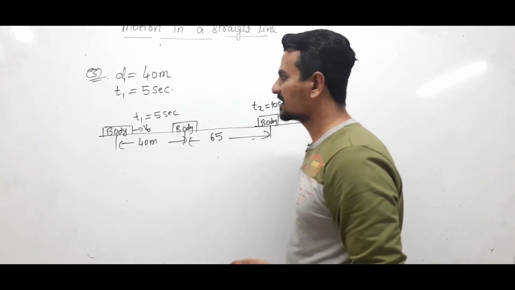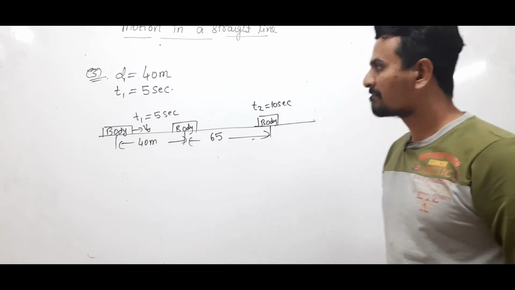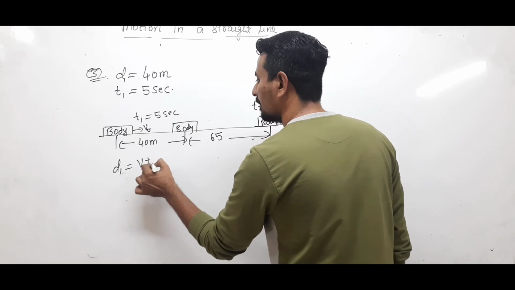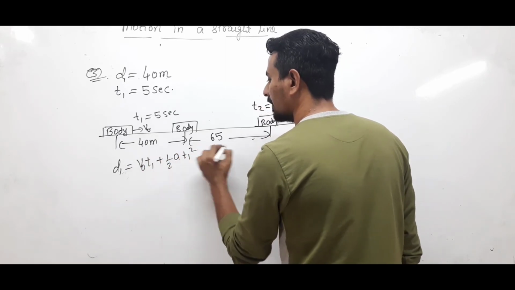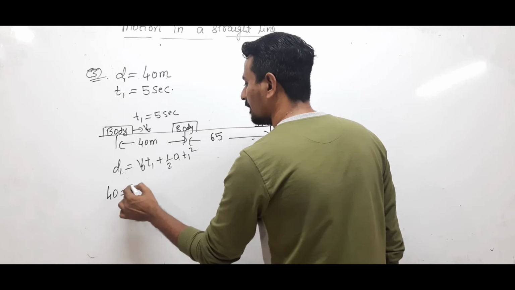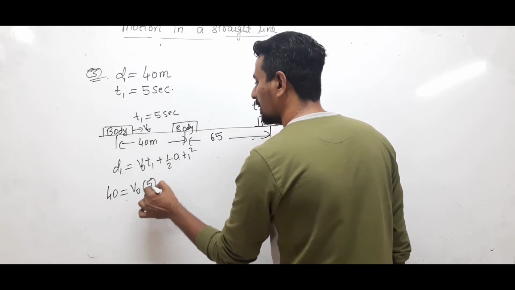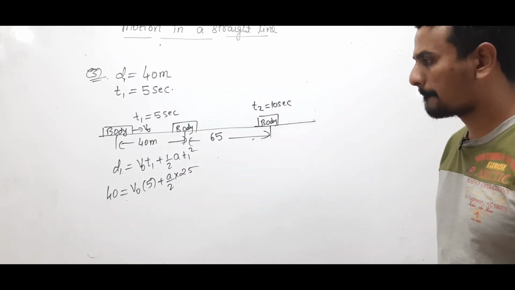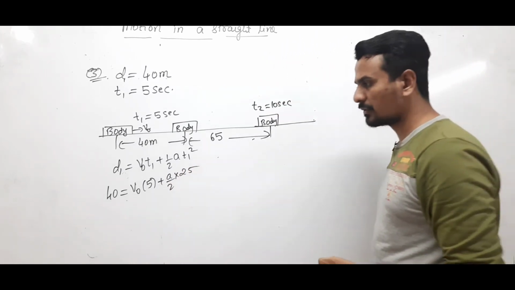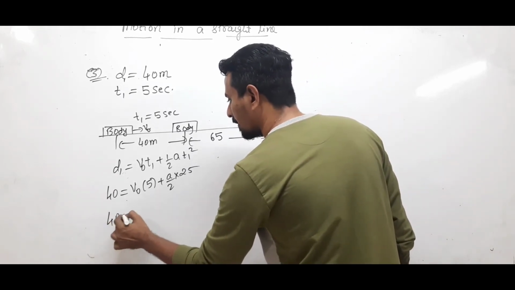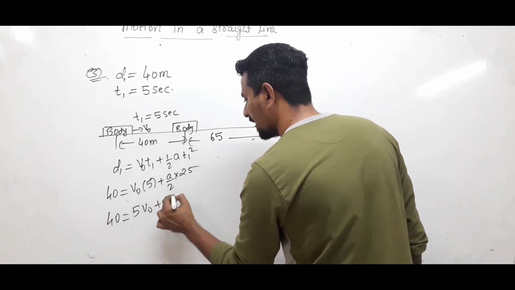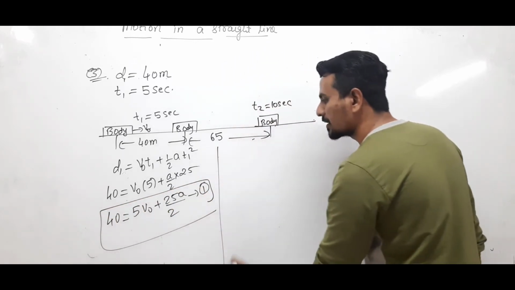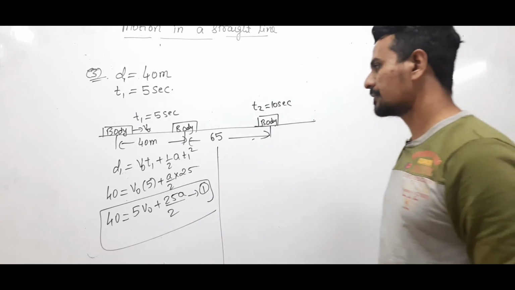We can use the equation d = v0 t plus half a t square. Let us say d1 is equal to v0 t1 plus half a t1 square. d1 is given as 40, v0 we don't know, time is 5, plus a by 2 into 25. Acceleration is also unknown, initial velocity is also unknown, no problem. 5 v0 plus 25a by 2. Let us name this as equation number 1, because there are two unknowns in a given equation which cannot be solved out.